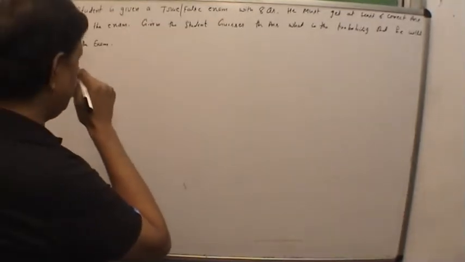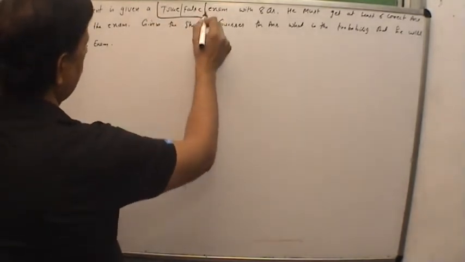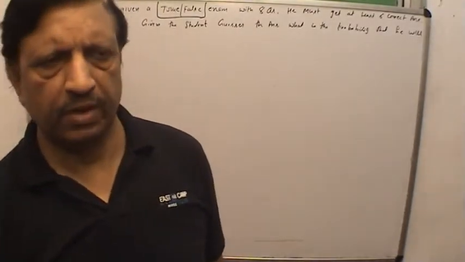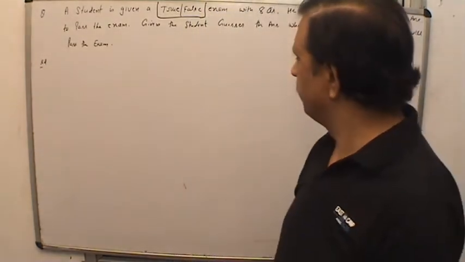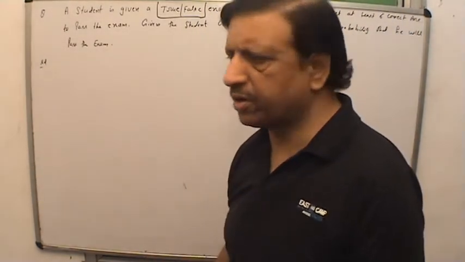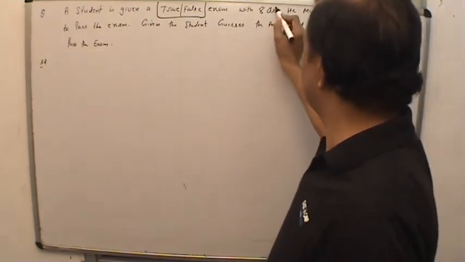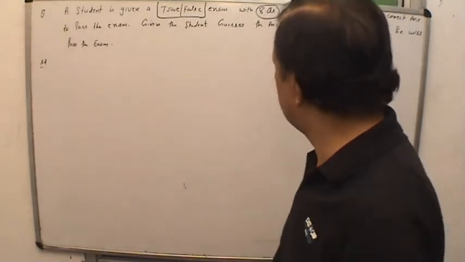Now we see there are some important points in the problem. It is a true-false problem, same as we toss a coin, head and tail. Either the student has to take true or false. With 8 questions, it means there are a total of 8 trials.